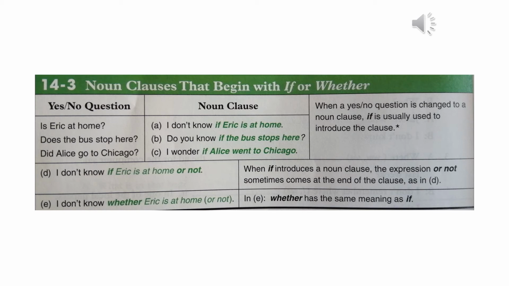In E, whether has the same meaning as if. In brief, when a yes-no question is changed to a noun clause, if or whether is usually used to introduce the clause. Whether the expression or not comes at the end of the clause, or whether it doesn't come at the end of the noun clause, both cases are considered to be correct.